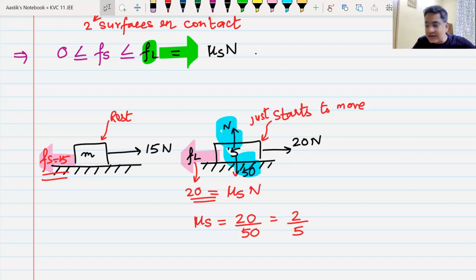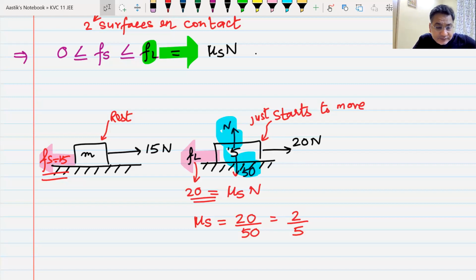Once you understand the condition, then only you can say what is the value of static friction. It can be 0 and it can go from 0 to a maximum value. Value of static friction is not known beforehand. What we can understand beforehand is the direction of static friction. To get the actual value of static friction, you will have to see what type of case is there.